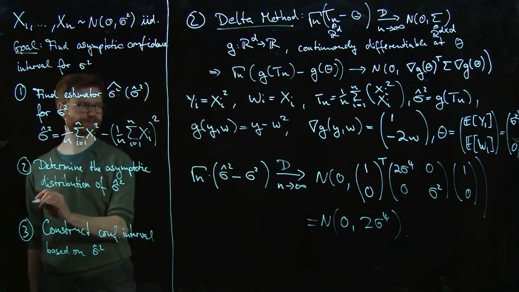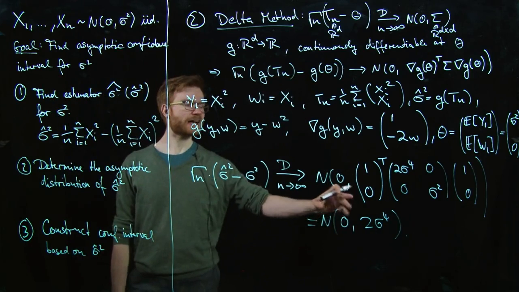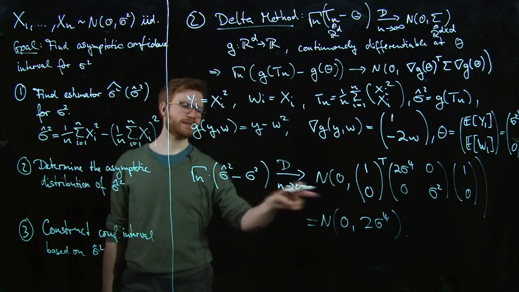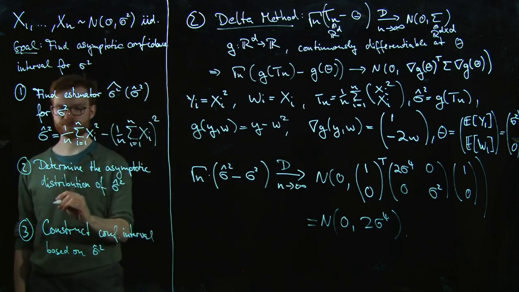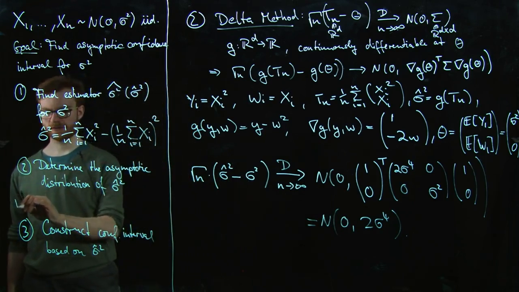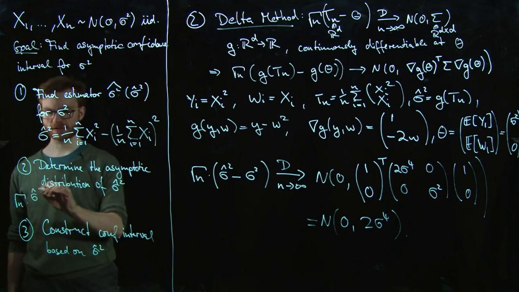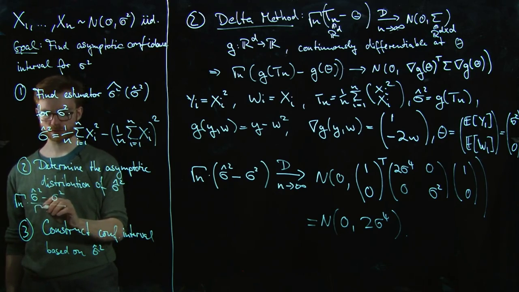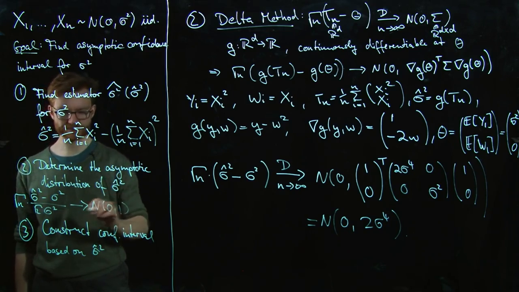Let's write that down. Once I calculated this, I can safely go back to standardizing this expression first and then having a standard normal. That means, let me write it down as square root n times sigma hat squared minus sigma squared divided by square root 2 sigma squared goes to standard normal.